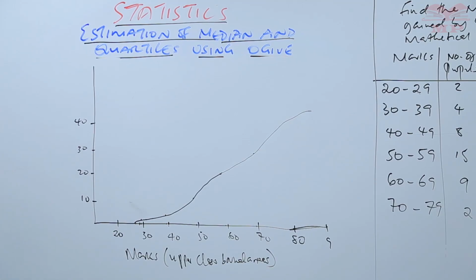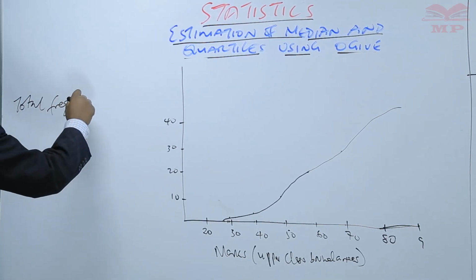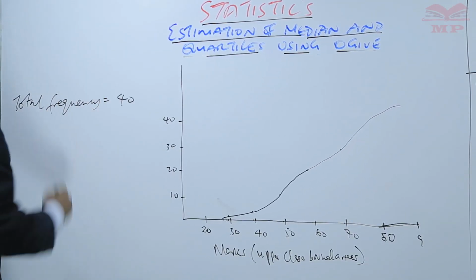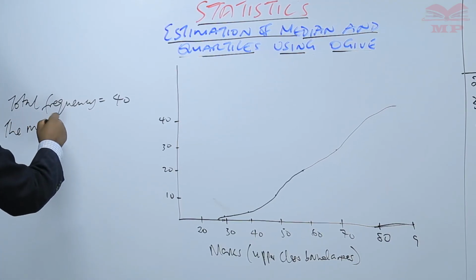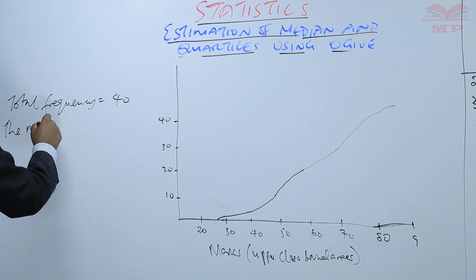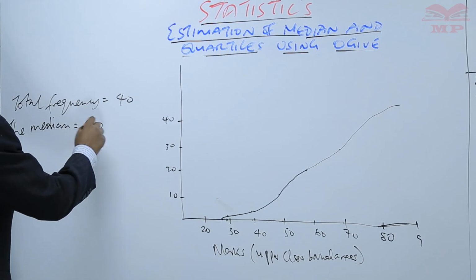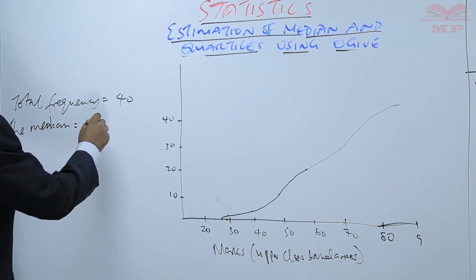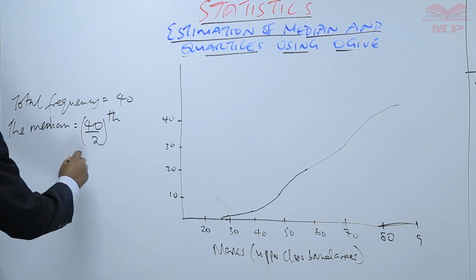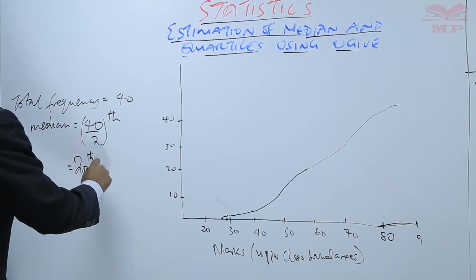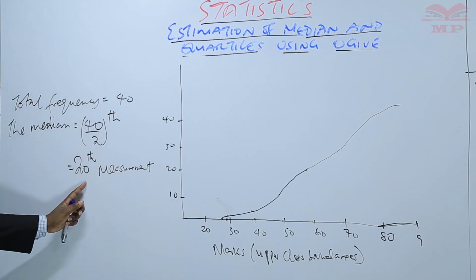So how do we determine the median? We know that the total frequency is equal to 40. Therefore, the median will be 40 over 2, so this will be the 20th measurement.